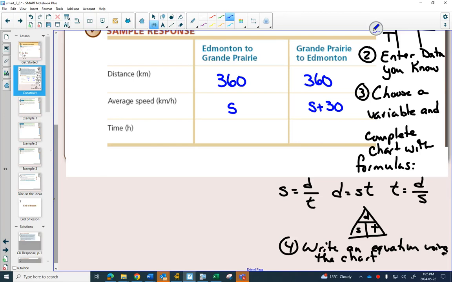Trying to figure out my wording. Which one? The last part here? Transfer equation. Write an equation using the chart. You guys are all so polite. Yeah, it's terrible. I'm sorry.